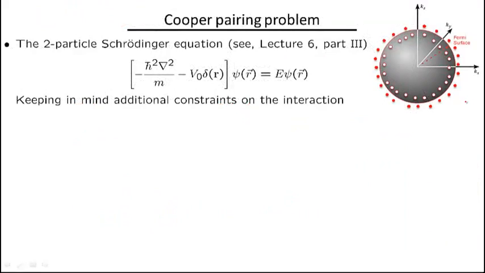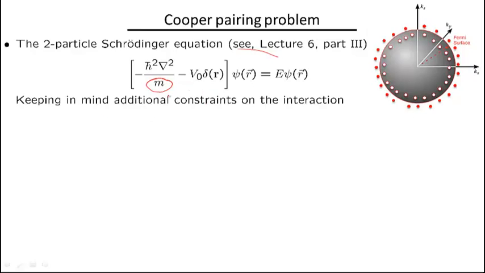And as we discussed in the previous video, the only difference between the single particle problem with a potential V of r and the two-particle problem of two particles interacting by the same potential is that in the latter we get the reduced mass instead of the mass of each individual particle. And in the case of two identical electrons, the reduced mass is equal to m over 2, so we have simply this Schrödinger equation. Here I write it first in real space, keeping in mind that there are in fact additional constraints on the interaction.